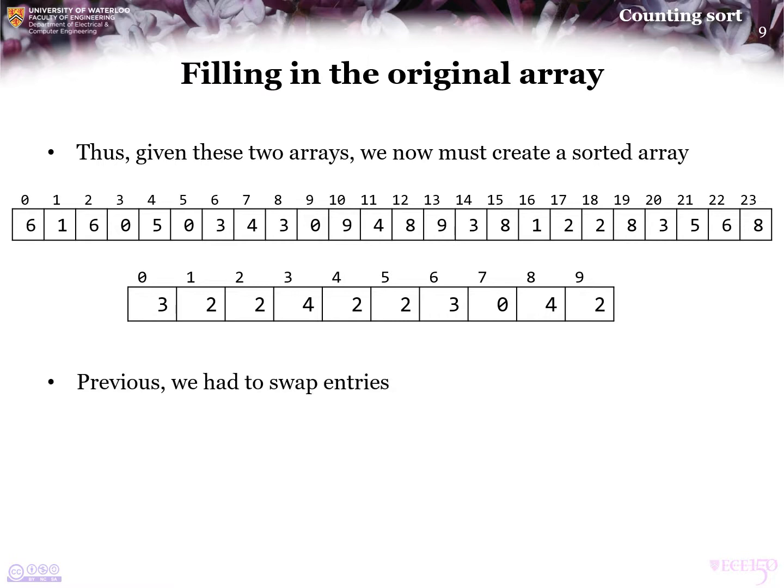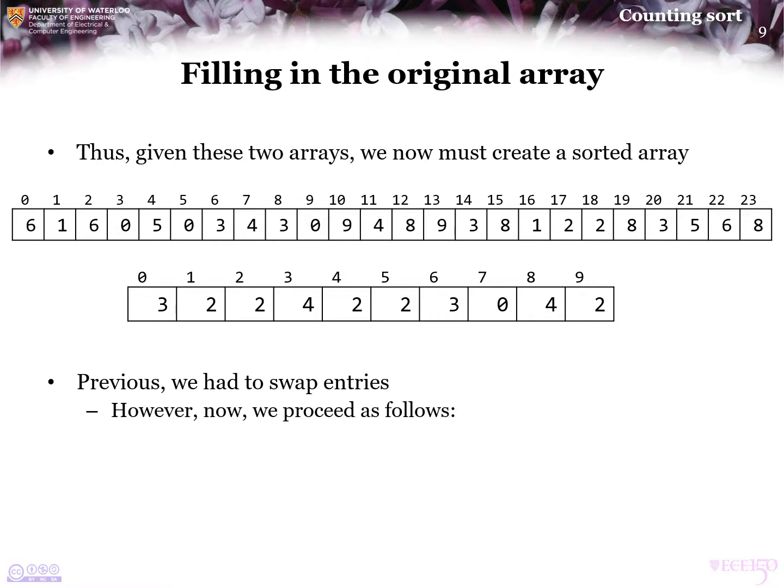Now, to sort an array in selection sort or insertion sort, we had to assign values to temporary values, we had to swap entries, we had to move entries. We're not going to have to do that here. Instead, we're going to proceed as follows. We're going to have a for loop, but that for loop is now going to go through the entries of the second array.